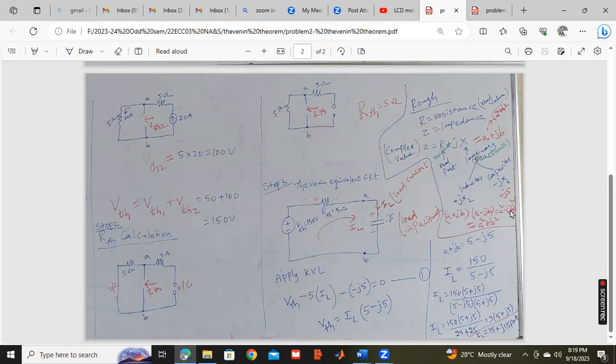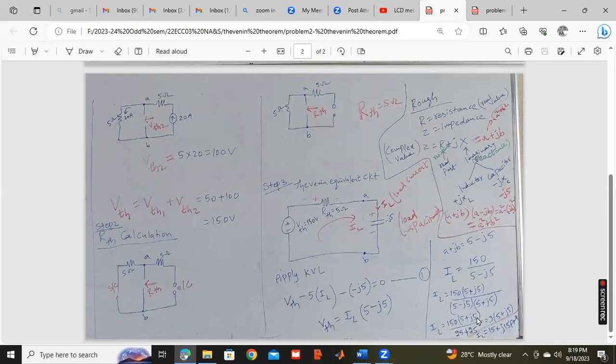J square is minus 1, so minus into minus becomes plus. A square plus B square is the value. Denominator A square, 5 into 5, 25, and again plus 25.